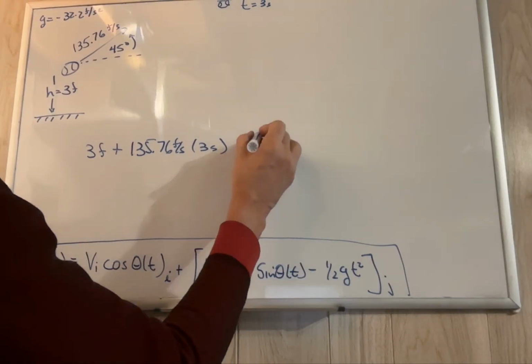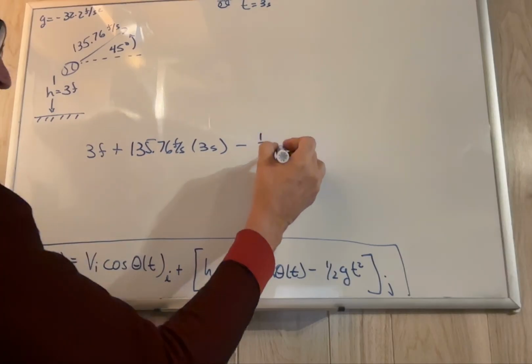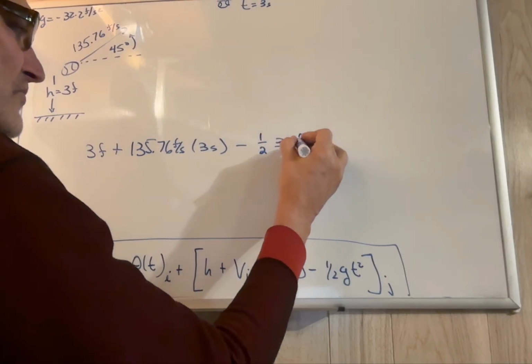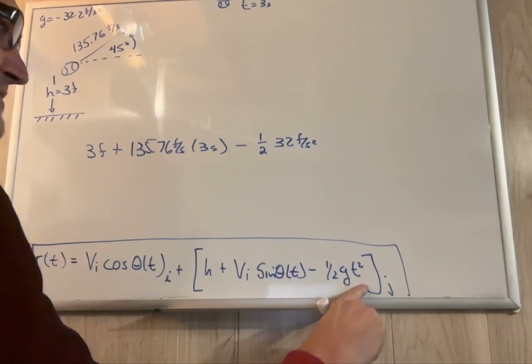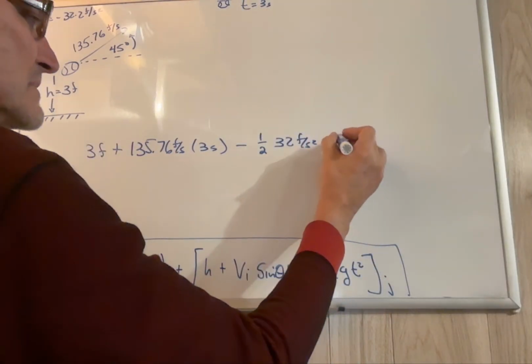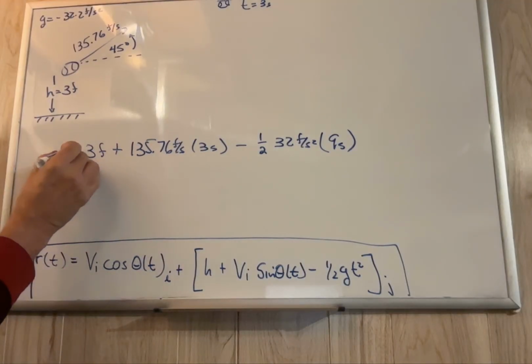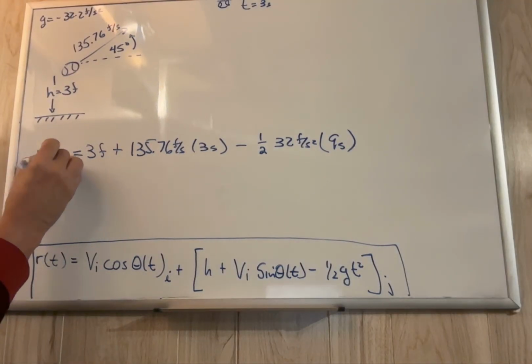I might as well just do 1/2 g, which would be 32 feet per second squared, times our time squared, which is 9 seconds squared. This is going to be equal to our max height.